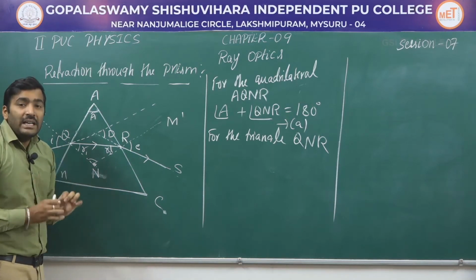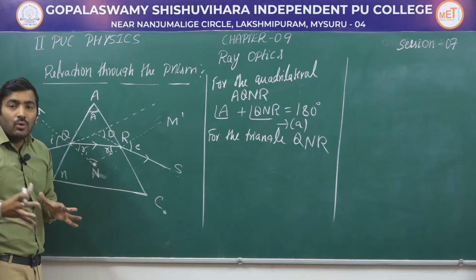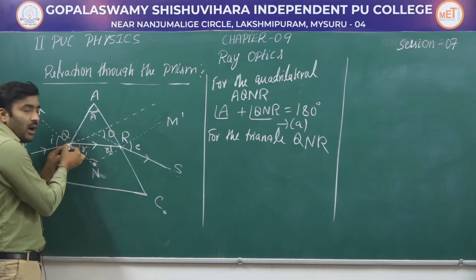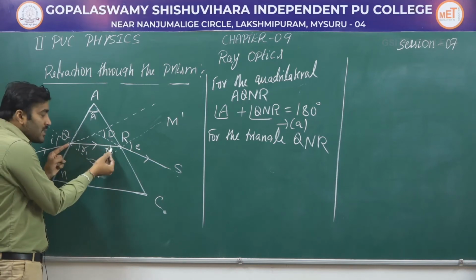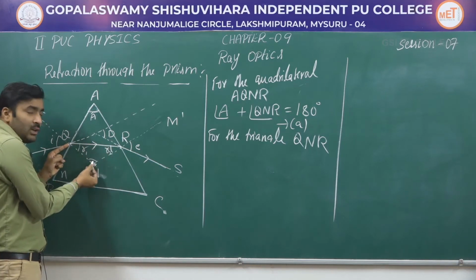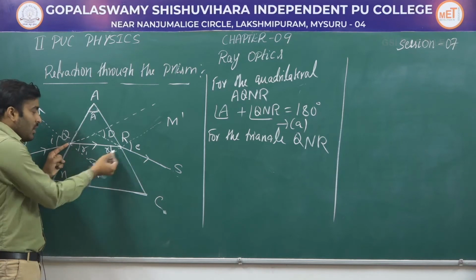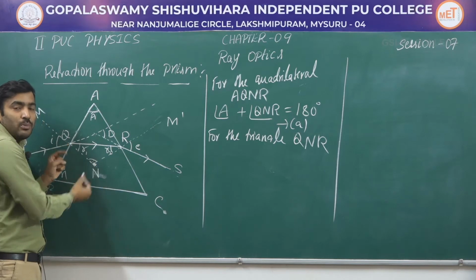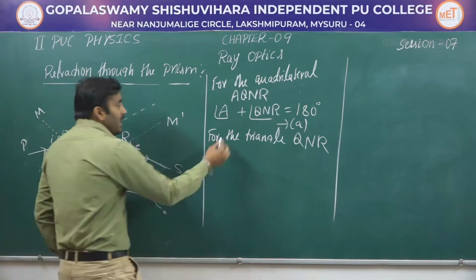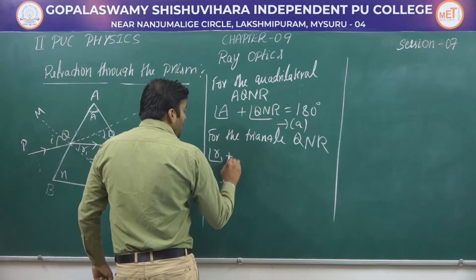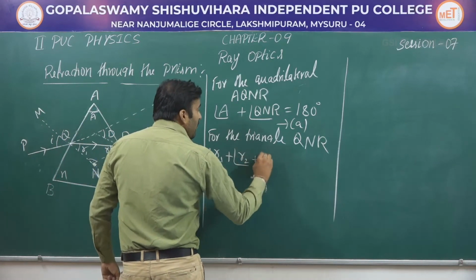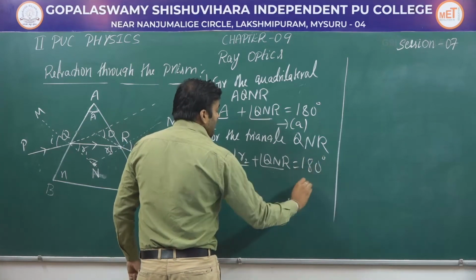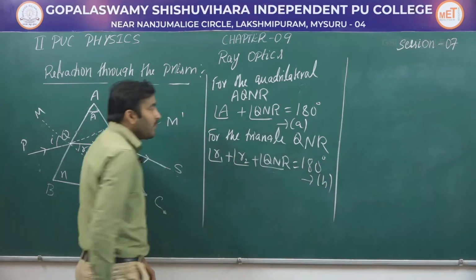So, what are the interior angles of triangle QNR? Angle R1 plus angle R2 plus angle QNR, should be equal to 180 degrees. Let us write that: angle R1 plus angle R2 plus angle QNR is equal to 180 degrees. Let us say this is equation B.